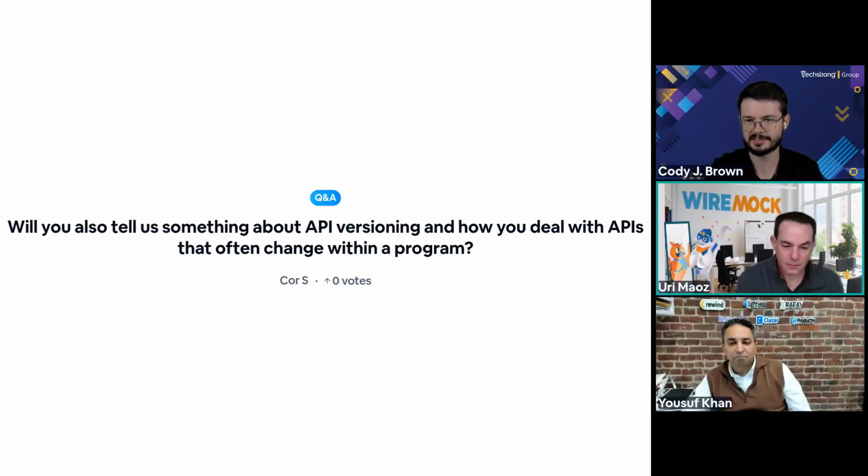What can you tell us about API versioning and how you deal with APIs that often change within a program? Yeah, so I will start maybe with the second question of how do you deal with APIs that often change within a program? This is definitely something that we see from customers, and the way that we solve it is what I showed with the validation.